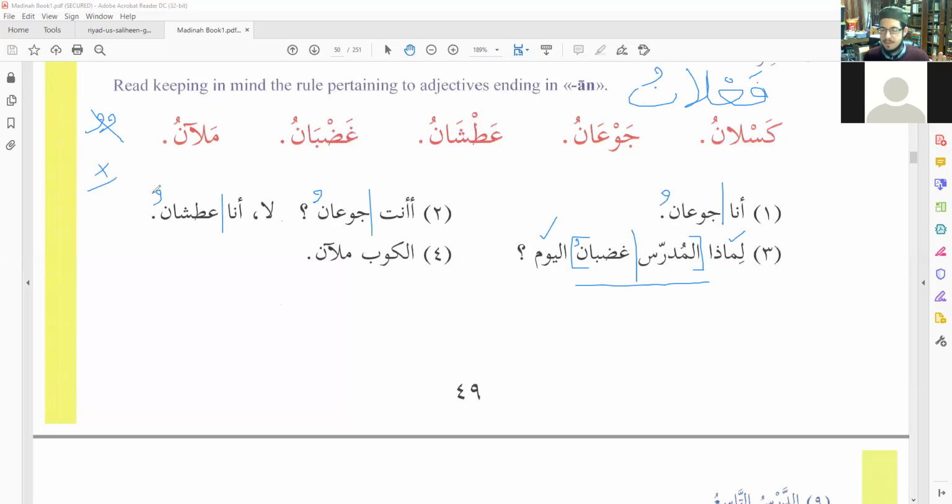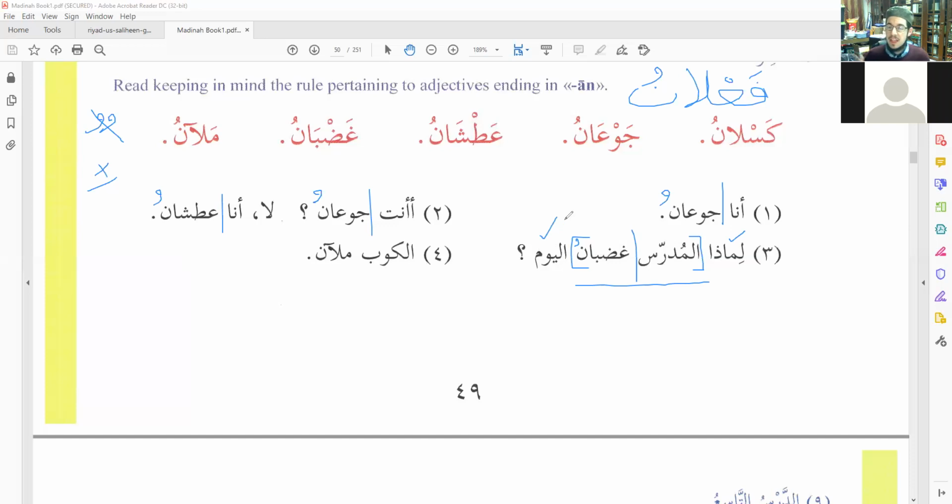Won't happen. Okay? And the reason behind this class of words is because there are some times when a word resembles a verb or resembles another type of word.